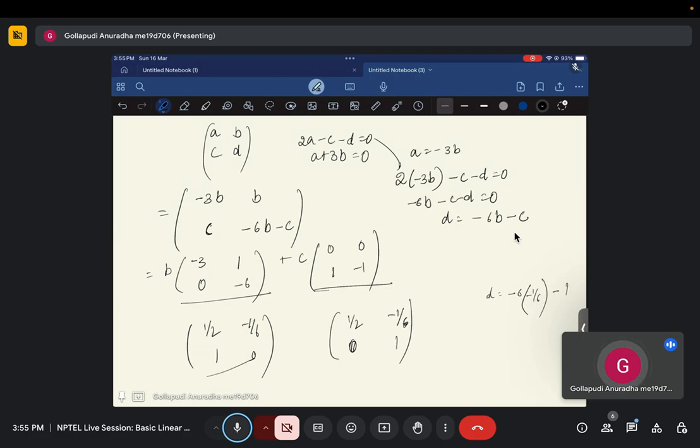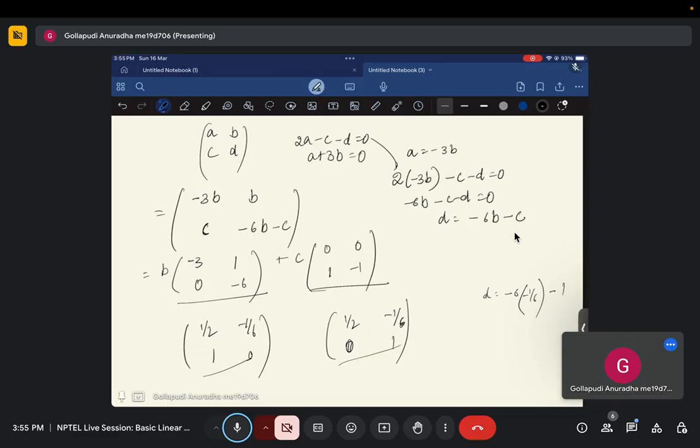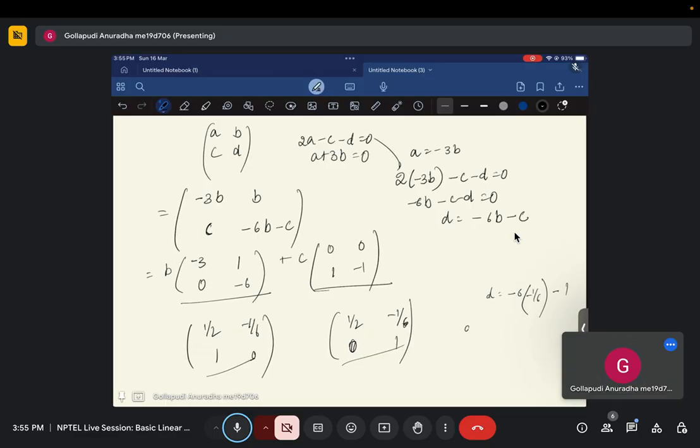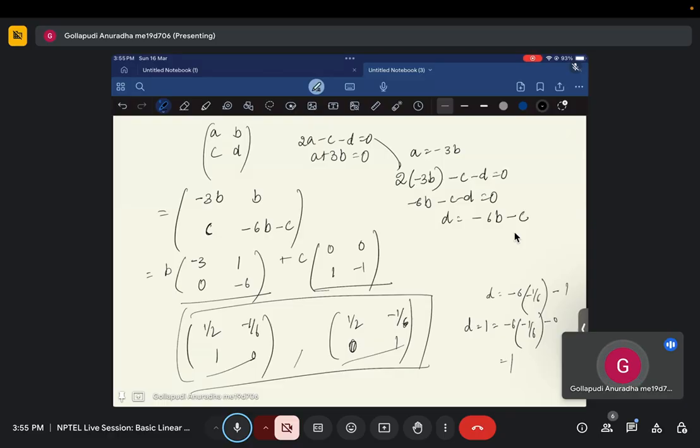So is this satisfying these two conditions? So B is equal to 1, yeah, so it's satisfying. Yeah, so even this can be a basis. So is it clear? Basis is not unique, so you can find anything. So the dimension you have here is 2.